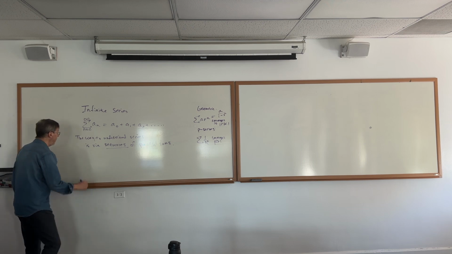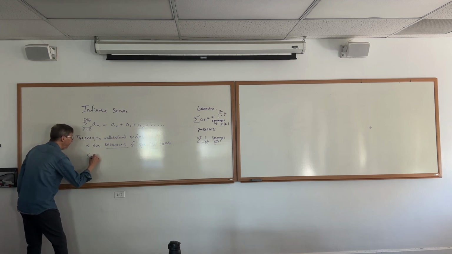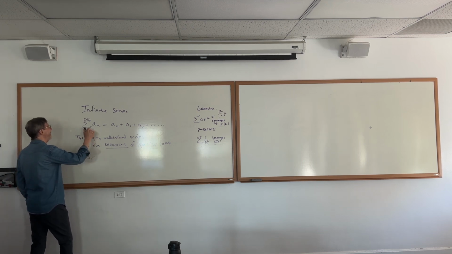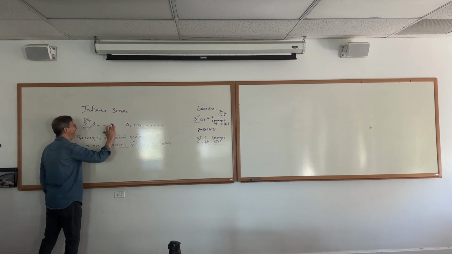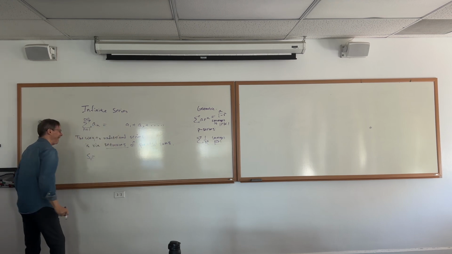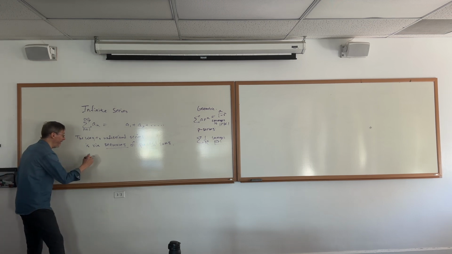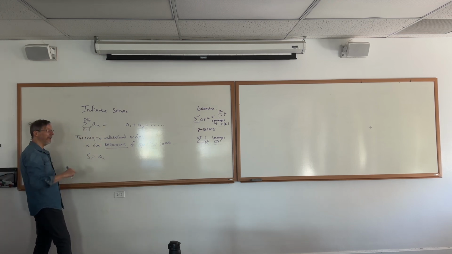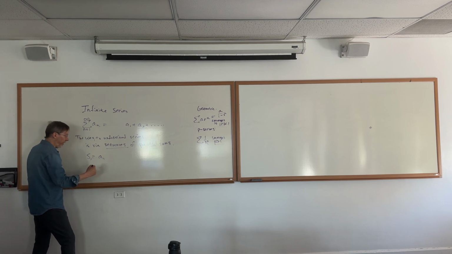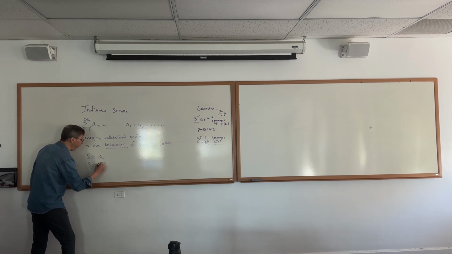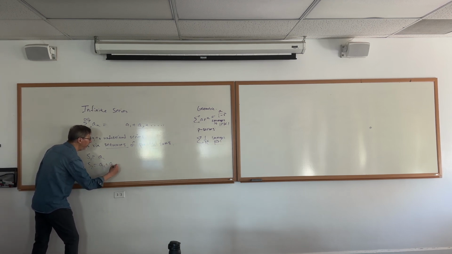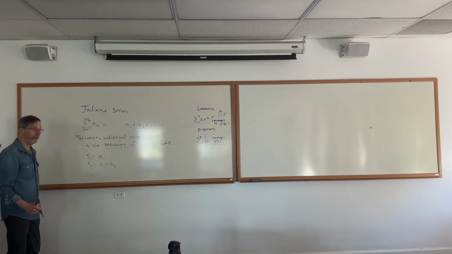What do I mean by that? Let's start this at 1, it'll make the notation better. The first partial sum, S sub 1, is just the first term in the series. So there's not much of a sum yet. The second partial sum is the sum of the first 2 elements of the series.